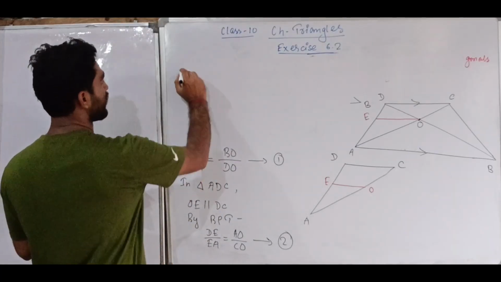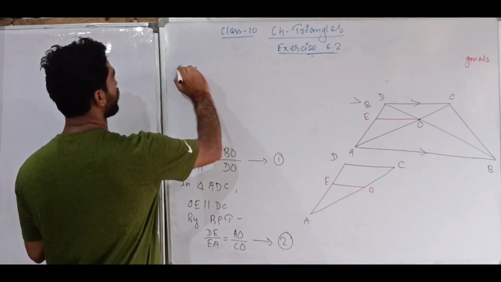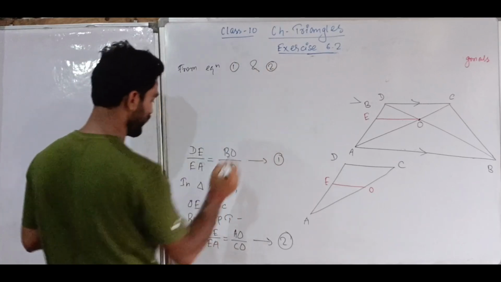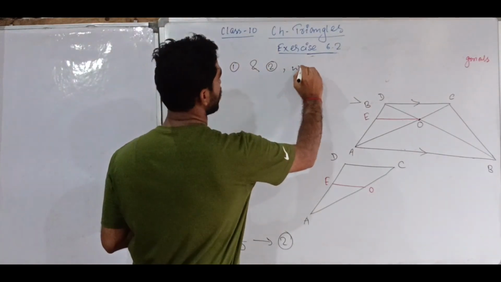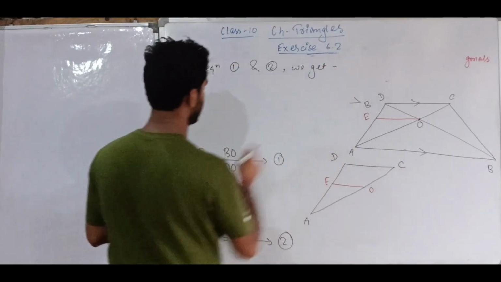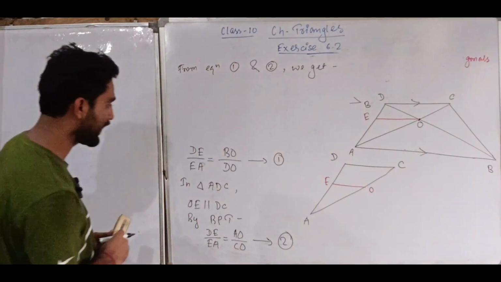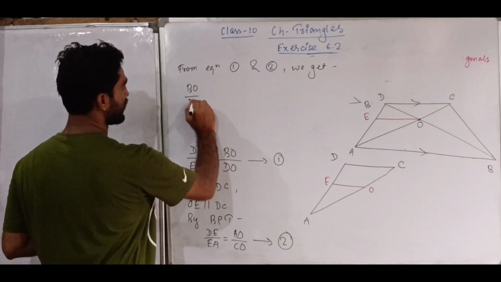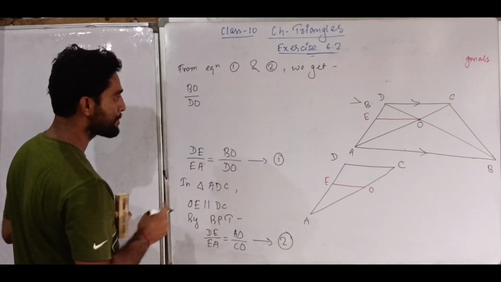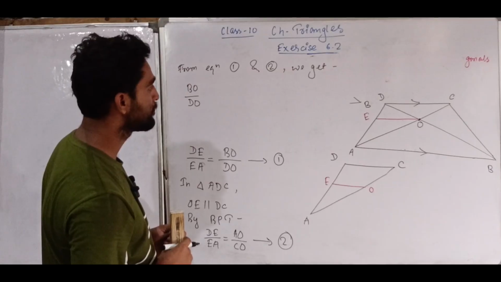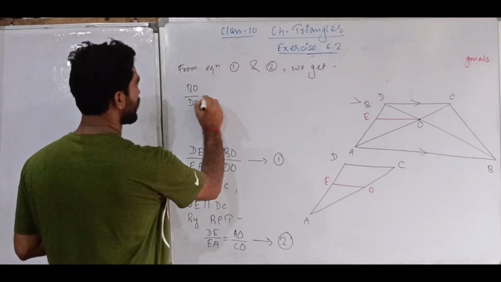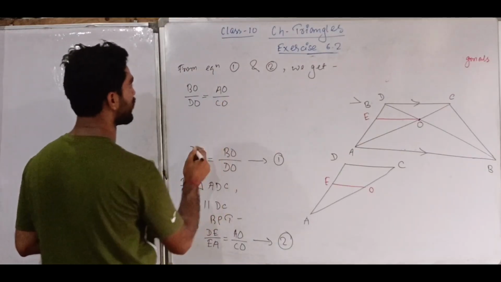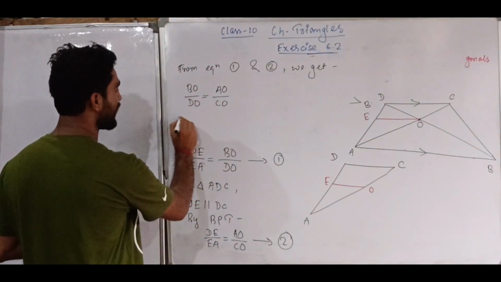So we can write from equation 1 and 2 we get BO divided by OD is equal to AO divided by CO. Now we will interchange their sides.